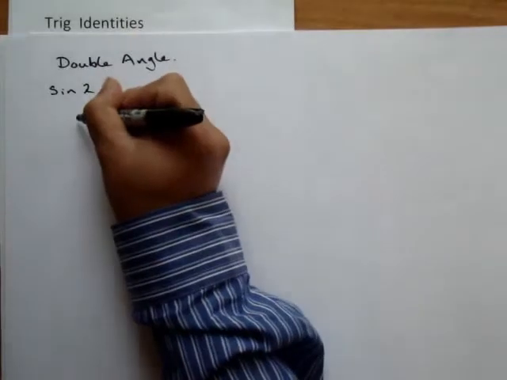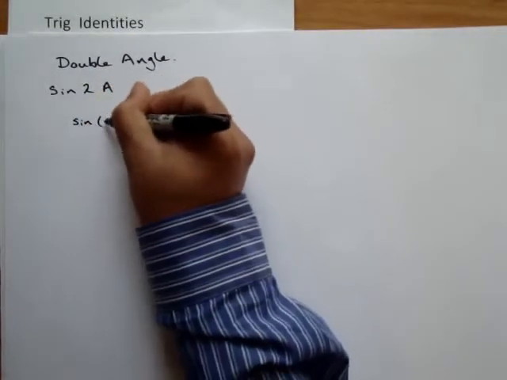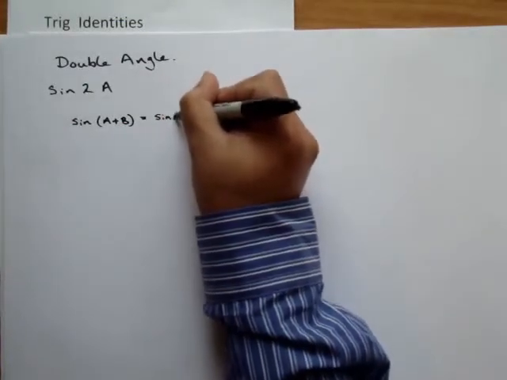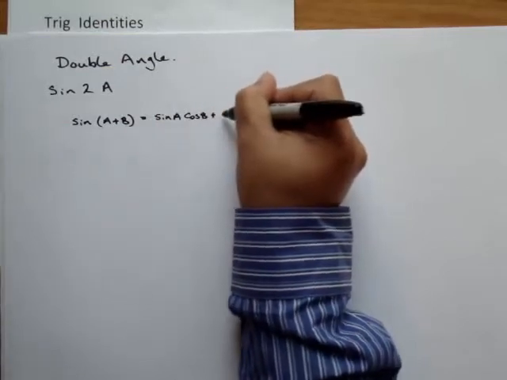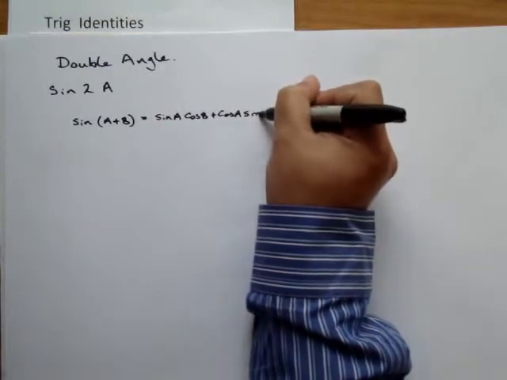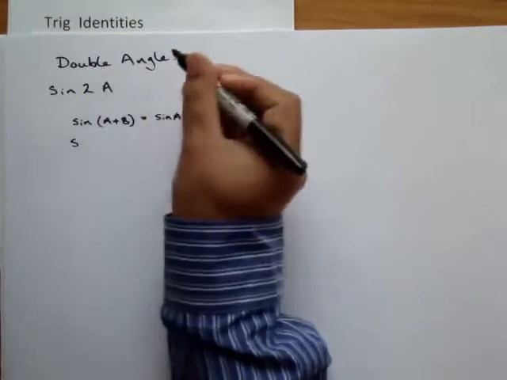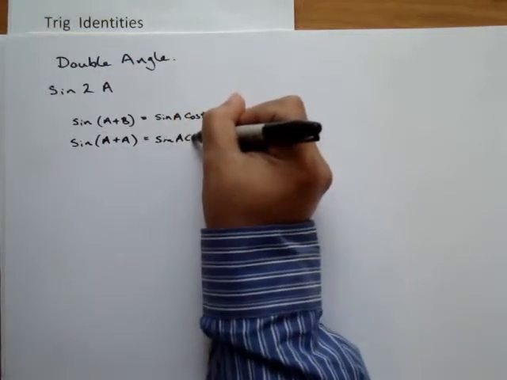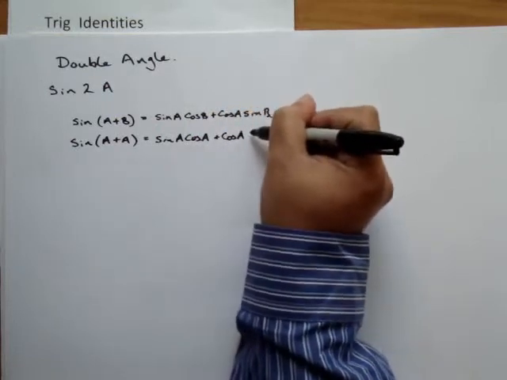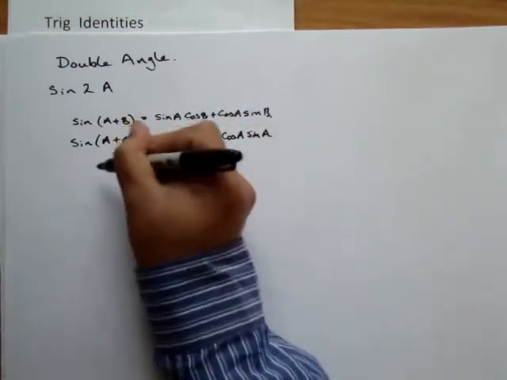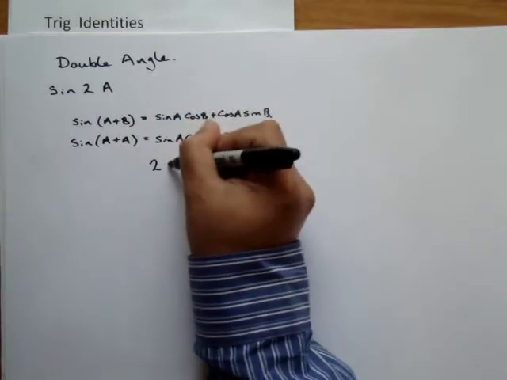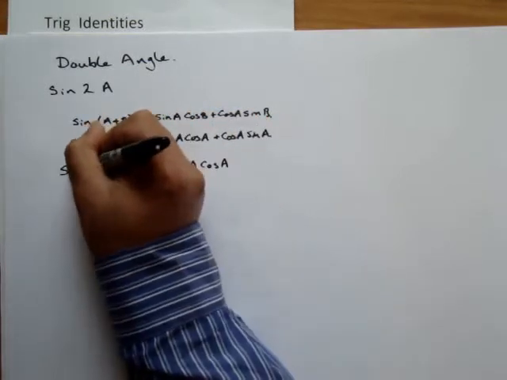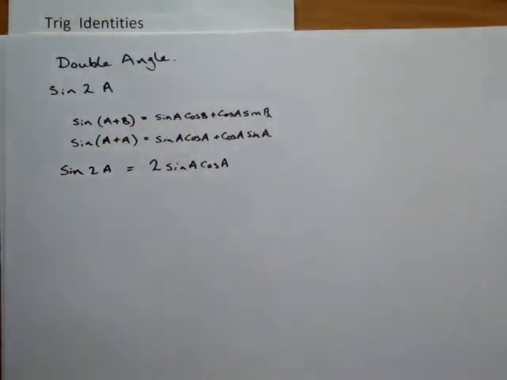Remember, for sine(A plus B) we had sine A cos B plus cos A sin B. So if we have this double angle, which is essentially sine(A plus A), we have sine A cos A plus cos A sin A, and this becomes 2 sin A cos A. So sin 2A equals 2 sin A cos A.